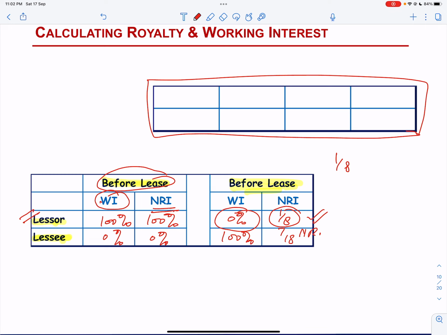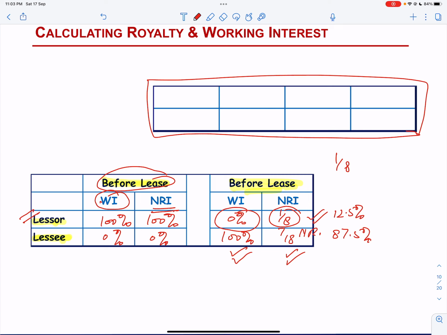Moreover, the lessee owns 100% of the working interest and 7/8 of the net revenue interest. So if we calculate in terms of percentage, this will be equal to 12.5%, and this will be 87.5%.